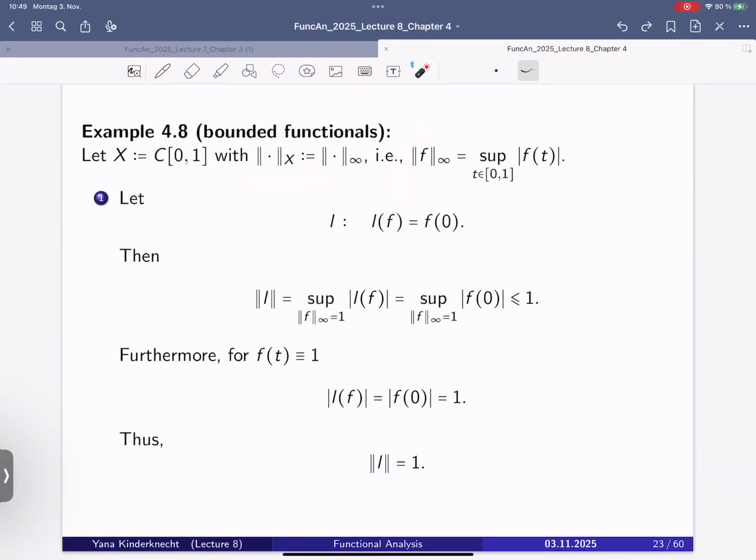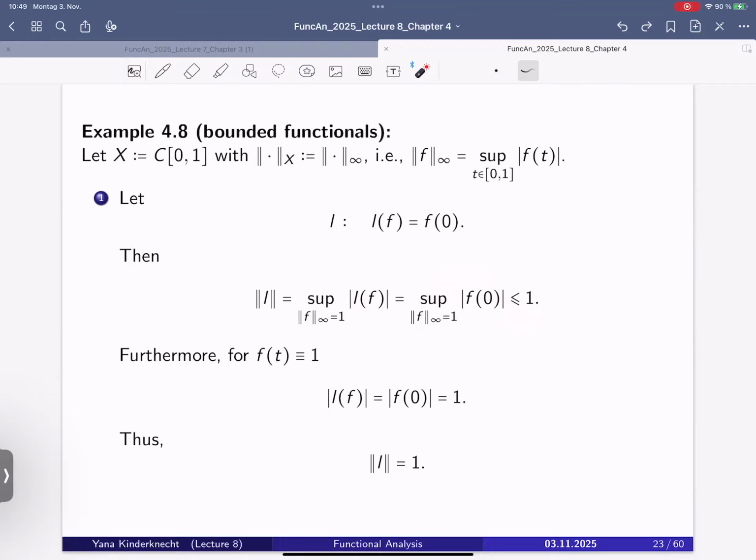This is the definition of the norm. So let us define the functional L, the mapping from X to K, which acts as follows. L applied to f is just f evaluated at point 0. Then the norm of L is the supremum over the unit sphere of such absolute values, and this is obviously smaller or equal to 1.